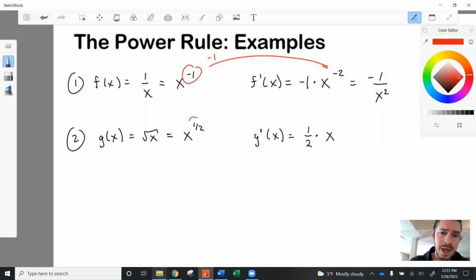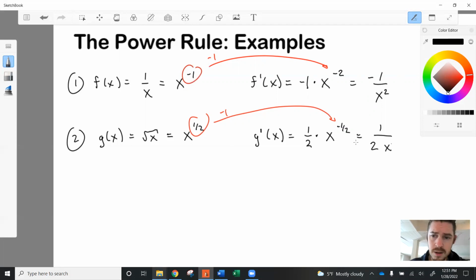Okay, so we need to take our 1/2. We need to subtract 1 from that. What is 1/2 minus 1? It's -1/2. Okay, make sure to subtract carefully. So this can be written as 1/2 times 1 divided by x to the 1/2. That means the 2 and the x to the 1/2 are together in the denominator.